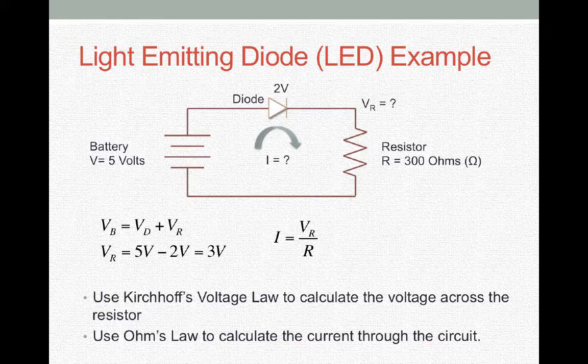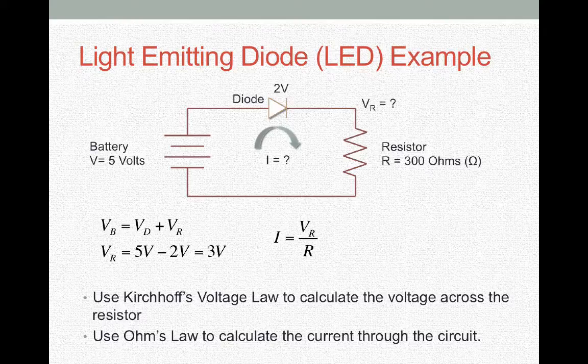Let's look at another example where we're going to use Kirchhoff's voltage law to calculate the voltage across the resistor. Again, the voltage rise has to equal the voltage drop.